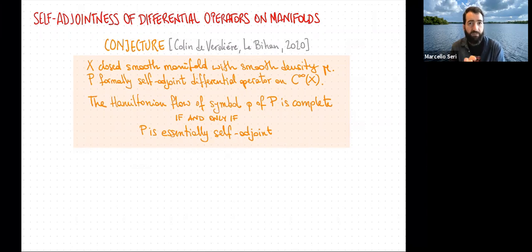Colin de Verdière asked, if I have a closed, smooth manifold with a smooth density mu, and I take a formally self-adjoint differential operator there, is it true that the Hamiltonian flow of the symbol, so the Hamiltonian that corresponds to your operator when you take the derivatives and transform them into covectors, is complete if and only if the corresponding operator is essentially self-adjoint? This is open.